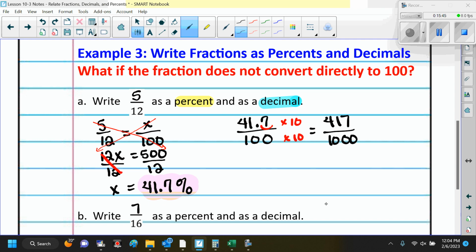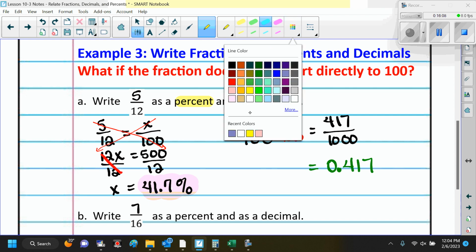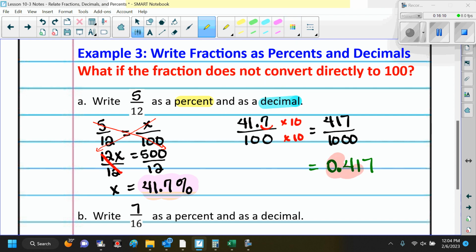Now, can I read that fraction correctly, please? Thousandths. How do I write 417 thousandths? 0.417. And there is my decimal. Is everybody clear? All right.